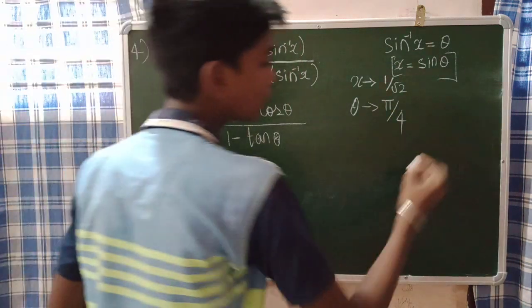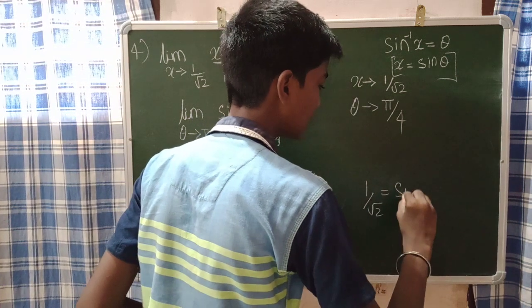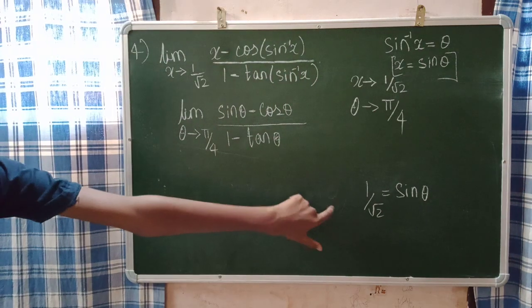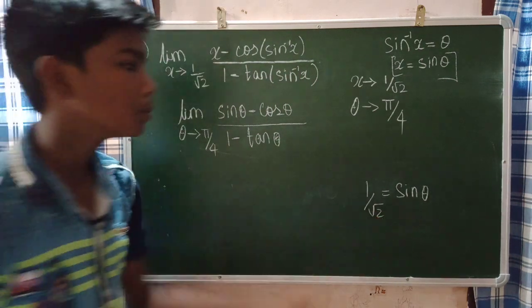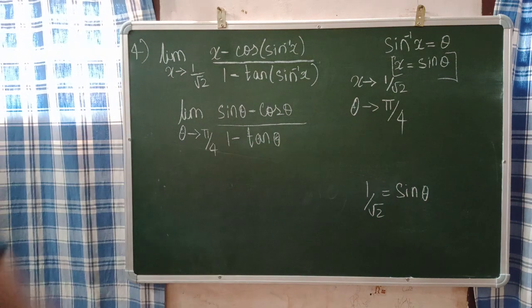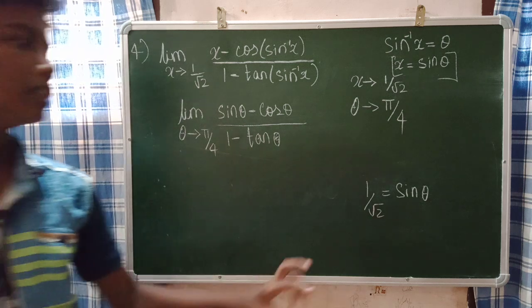If x is equal to sin theta, that means 1 by root 2 is equal to sin of theta. So, when you get 1 by root 2, that's only possible if theta is pi by 4. And that's why I am saying theta should tend to pi by 4. Mind blowing concept, na?